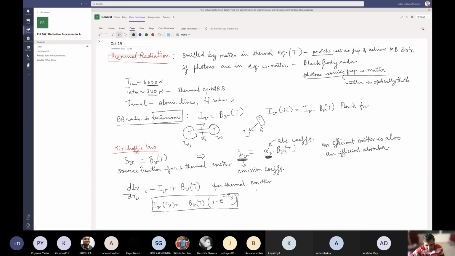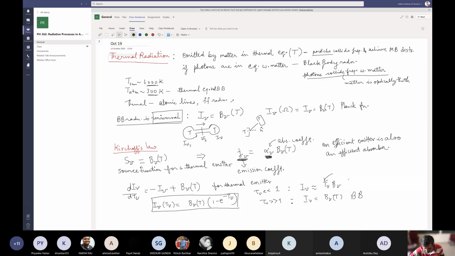And what does it mean? For tau_nu much less than 1, what do we get? We get I_nu equal to tau_nu B_nu, and this will depend on all the details of the absorber or emitter. But when tau_nu is much bigger than 1, what do we get? I_nu equals B_nu(T), which is black body.